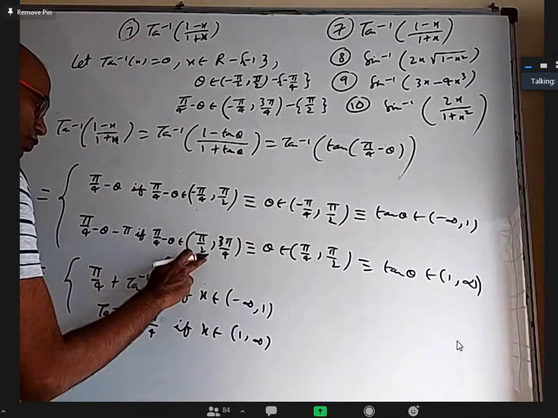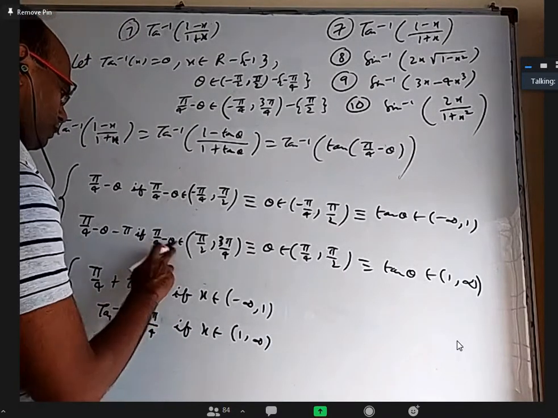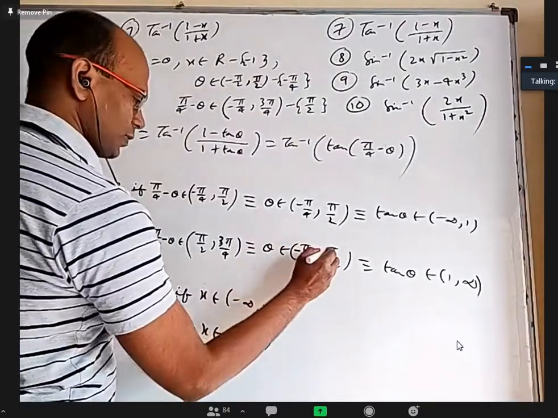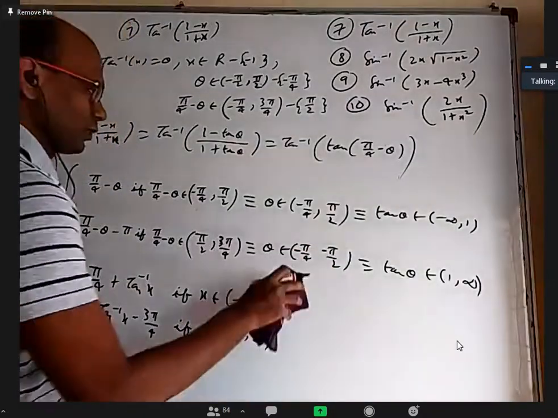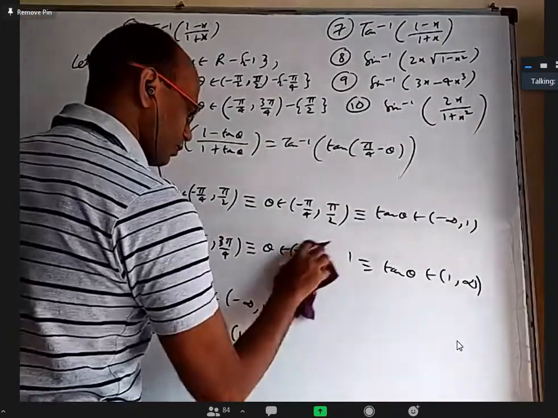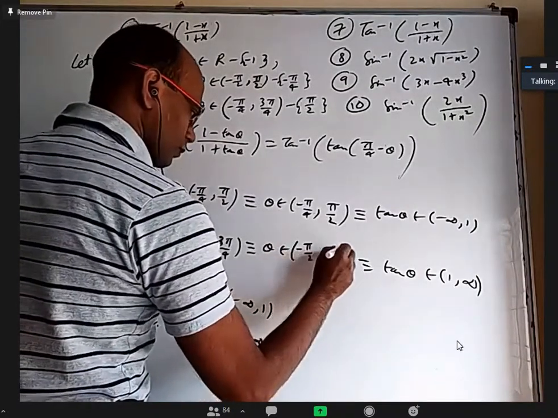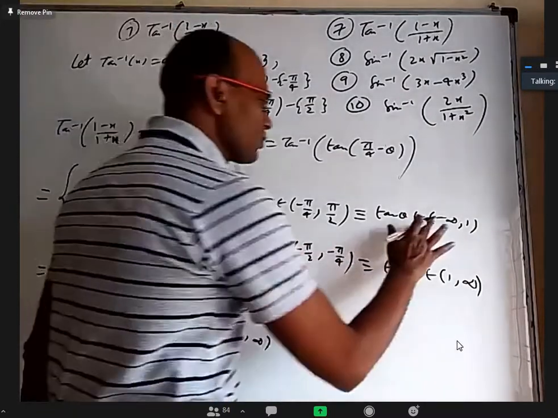Here, when I equate these two, minus pi by 4, and this will be minus pi by 2. So I should write reverse: minus pi by 2 to minus pi by 2. Here the corresponding tan theta values are minus 1 to infinity.